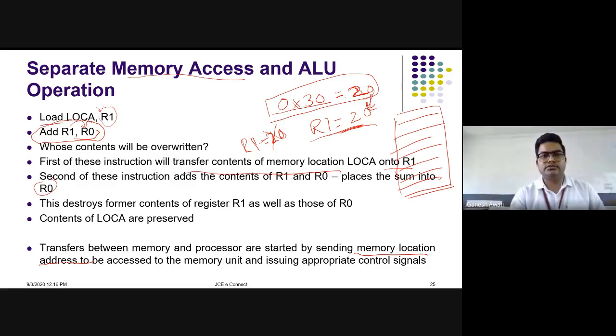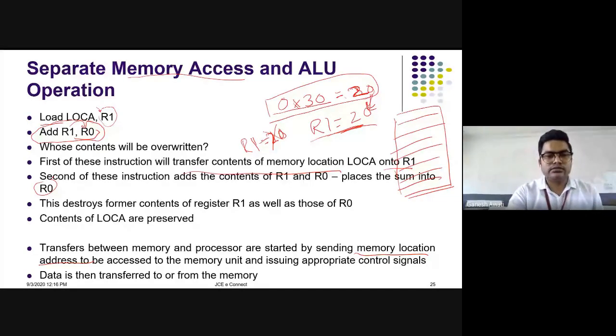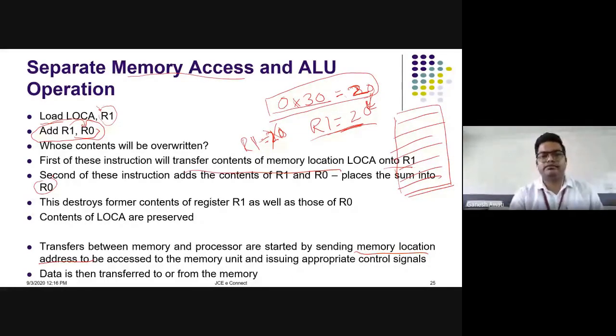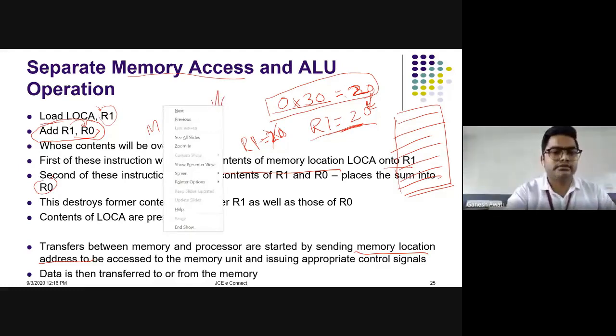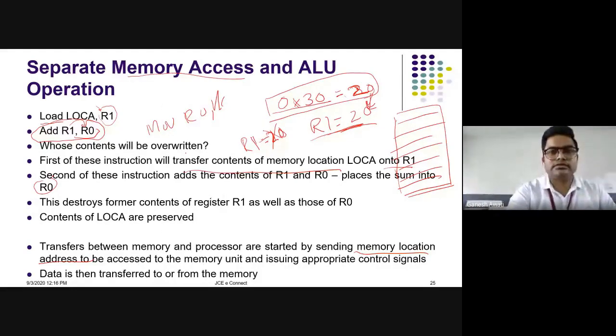Understood? The data is then transferred to or from the memory. Data can be transferred either way. For example, I can say MOVE R0, location.